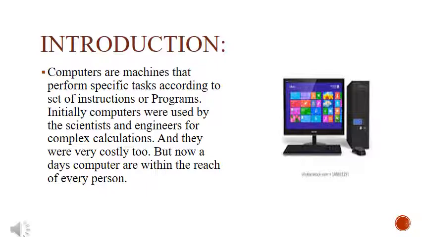It displays on the screen. Computers are machines that perform specific tasks. Earlier, computers were used by scientists and engineers for calculation purposes, but nowadays it has become necessary for every working person.